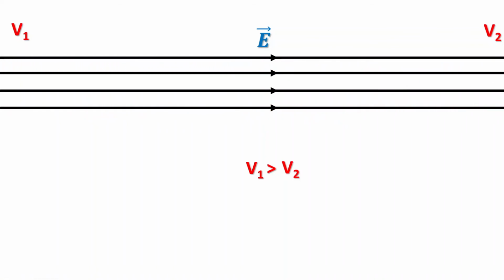For electrons, this scenario is inverse. They will move from V2 to V1. But to not confuse you, we always consider the positive charges. So the direction of movement for positive charges determines the direction of the electric field for you.